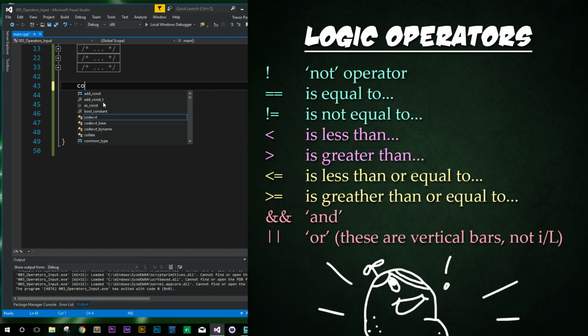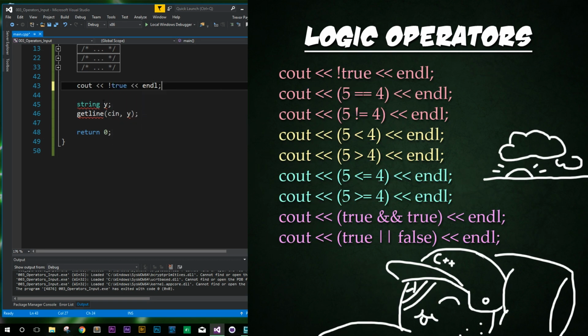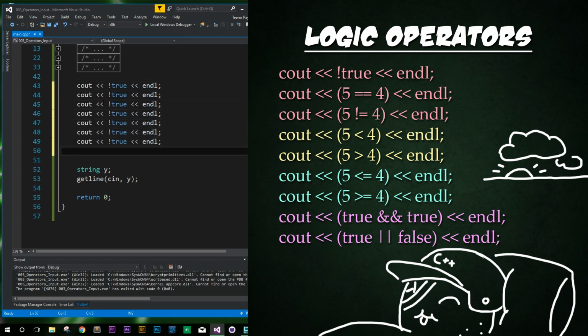We're going to type cout << !true and output that. Then we're just going to go ahead and copy this line and paste it a few times, so that way we can easily just replace the middle section. This one's going to be open close parentheses containing 5 == 4. This next one will be containing the same line, but we're going to replace the first equal sign with an exclamation point.